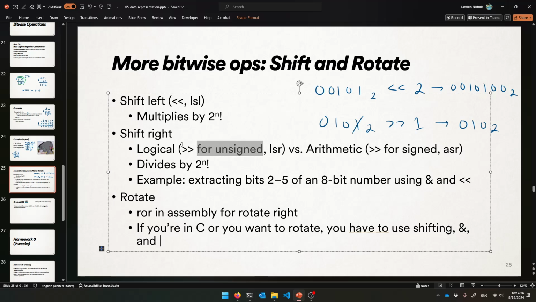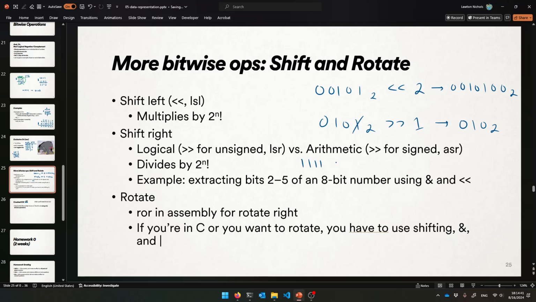So with right shift, you get the logical kind that brings in zeros always when it's unsigned. If you have a signed number, you're getting arithmetic shift right, and that's going to bring in a 0 if it was positive and a 1 if it was negative. So let's pretend we're working with signed chars, and I have this giant number that's meant to be a negative number, and I'm going to shift it right by 1.